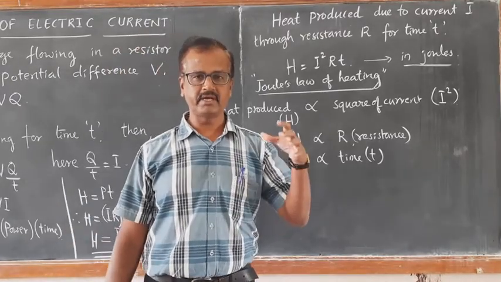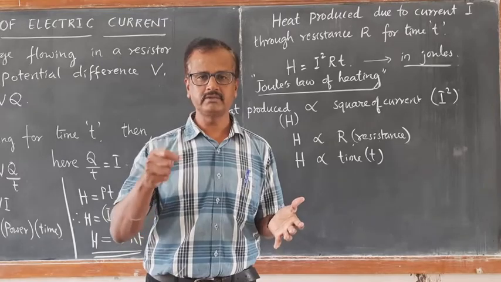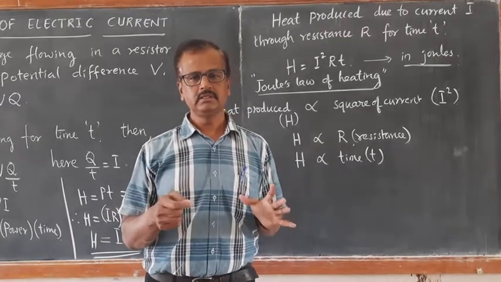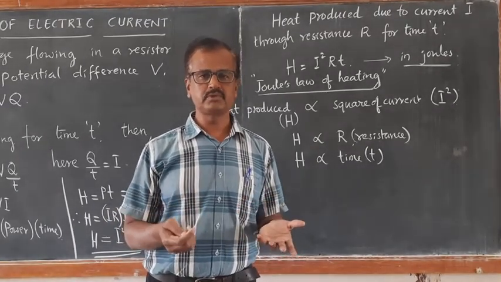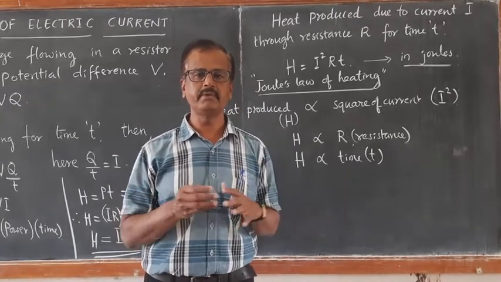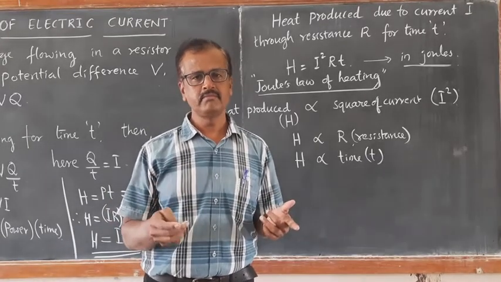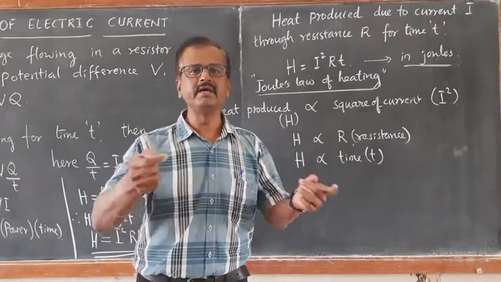For example, if you have kept the heating coil to heat the water, the heat that is produced depends on the time, whether you kept it for 10 minutes or 15 minutes or 20 minutes or half an hour. The more the time kept for heating, the more will be the heat that is produced.